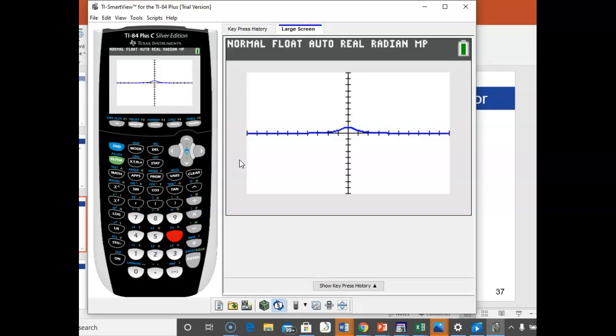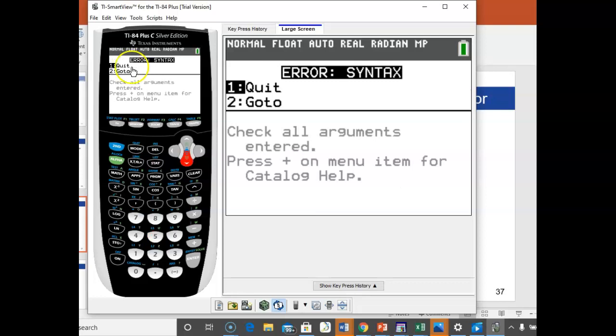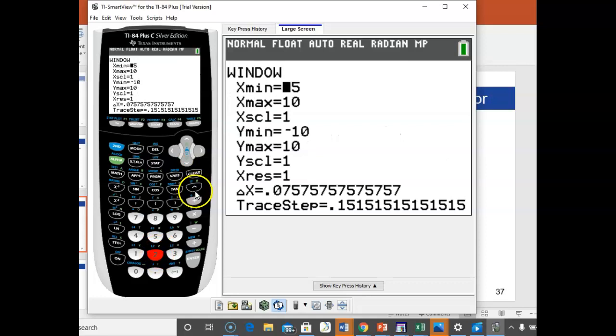Okay, so when we look at this, we don't really see all the key characteristics that we would like to see. So this particular problem wanted us to change our viewing rectangle. So if we change our viewing rectangle, we're going to go to Window, and then for the X minimum, we're going to put in -5. And then on the X max, we're going to put in a +5.